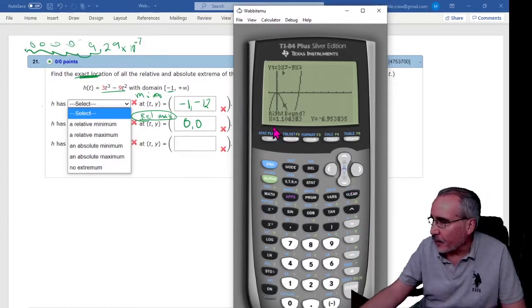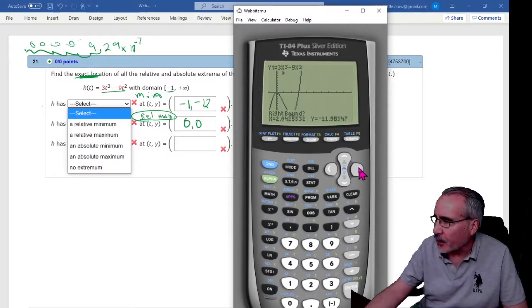And then I got to come to the other side, to the right of the minimum point. Maybe if I just don't hit it so many times in a row and just be patient. Sometimes that's what we need, is patience and kindness, and it gets us a lot further than being aggressive. And then enter again for the guess, and it's going to give me my point right there.